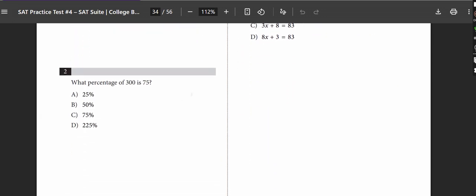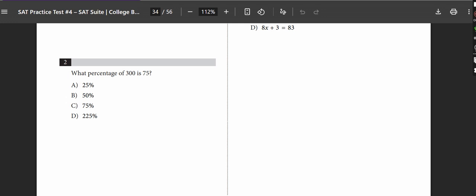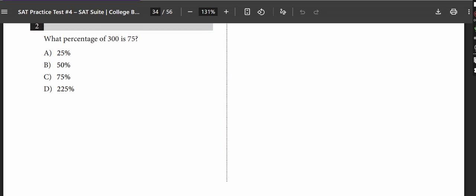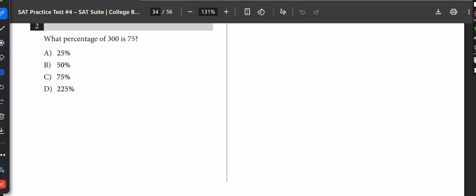Now we will go to question number 2. Question number 2 is: what percentage of 300 is 75? We know that a percentage sign is changed into a fraction line over 100, right?